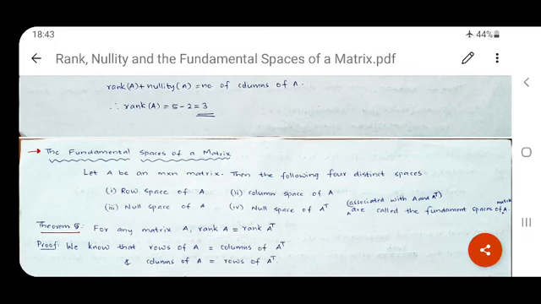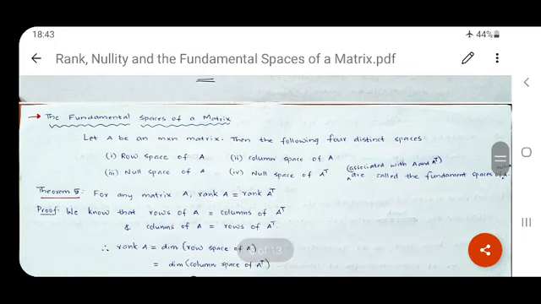Now we move on to the fundamental spaces of a matrix. There are certain spaces associated with a given matrix, namely the row space of A, the column space of A, the null space of A, the null space of A transpose, and of course the row space of A transpose and the column space of A transpose. But in A transpose, the rows of A are interchanged with the columns of A transpose.